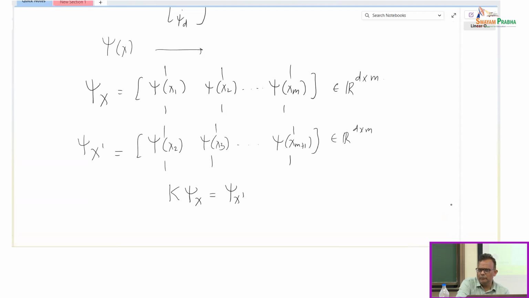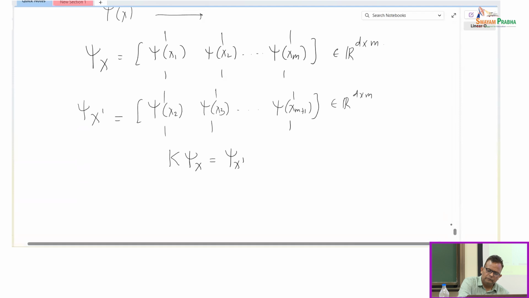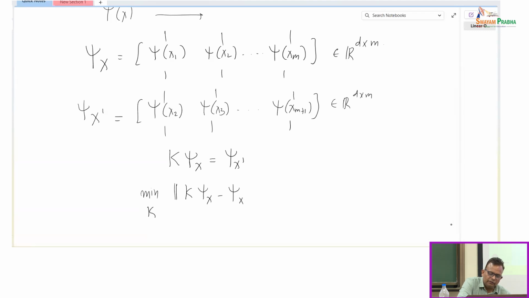What is the best K matrix I can actually pick? Again, this becomes a least square problem. So you can write this down as: minimize over K. Let me write it down, and then I'll give a caution.